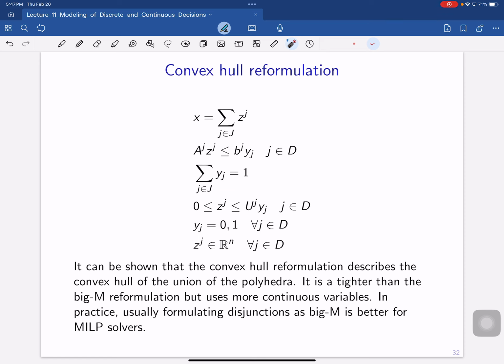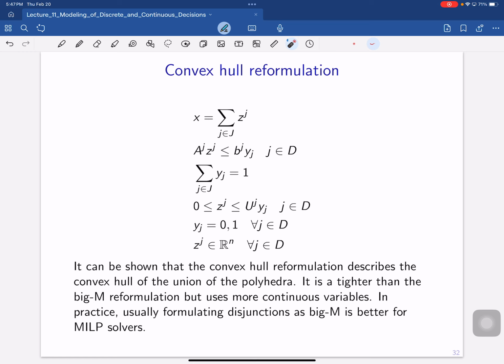And x is a summation over all the z_j variables. Because the summation of y_j equals 1, only one of these z_j variables is non-zero. And when y_j is equal to 1, this inequality holds for the corresponding z_j.